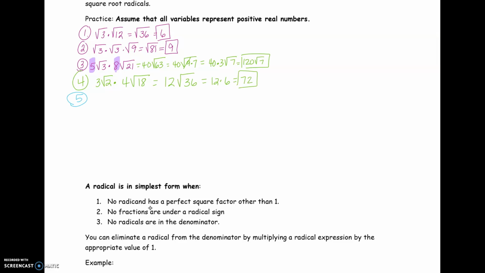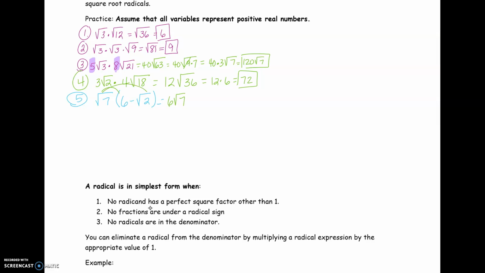Switch colors. The next one, the square root of 7 times the difference of 6 minus the square root of 2. So this is where we would apply the distributive property. The square root of 7 times 6, you cannot multiply those together. One's a radical, one is not. So you just have to write it 6 square root of 7. You usually put whatever's not in the square root in front of it.